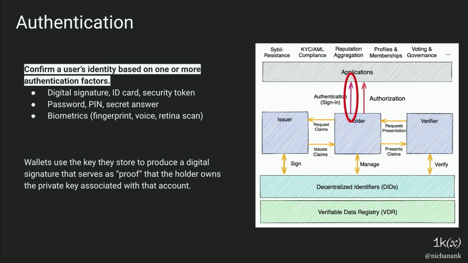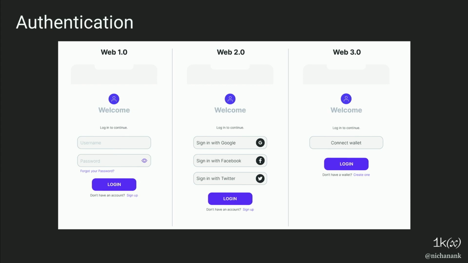So in Web3, the wallets just use the key that they store to produce a signature that serves as a proof that the holder owns the private key that's associated with the account that you're signing in with. So this is a nice little graphic to show the evolution here. In Web1, you're with your username and password. Right now, most people are using social logins, and then with Web3, it's going to be log in with your wallet.